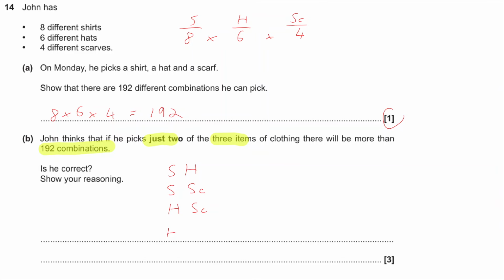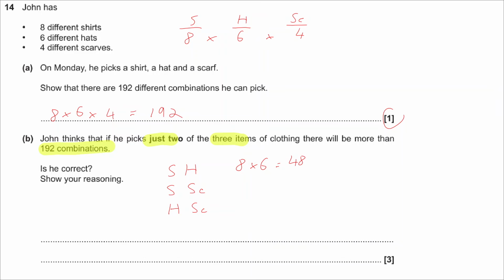Now, if we look at the first one, you've got a shirt and a hat, or you've got 8 different shirts and 6 different hats. So to find different combinations, you can say you've got 8, and you can times that by the number of hats, which is 6. 8 times 6 is equal to 48. So there are 48 different combinations you can make from a shirt and a hat.